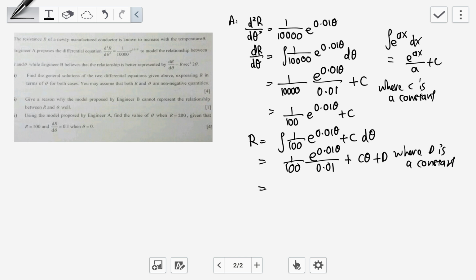Now 100 times 0.01 is just 1, so I have e^(0.01 theta) plus c theta plus d. So this is for engineer A.